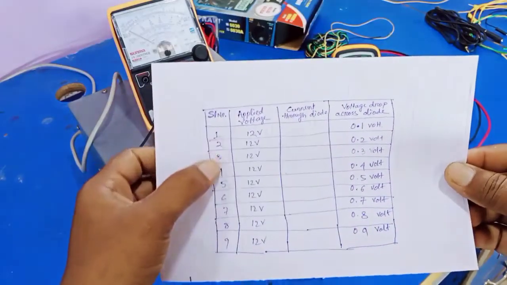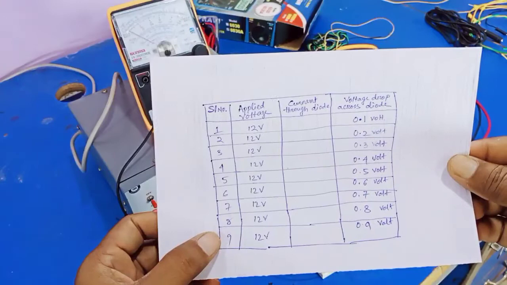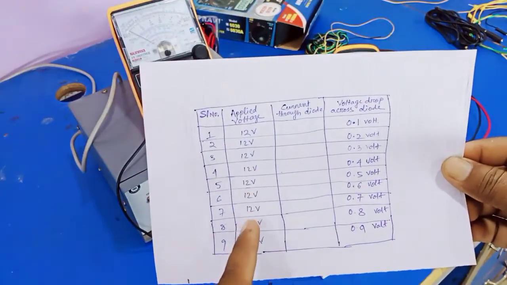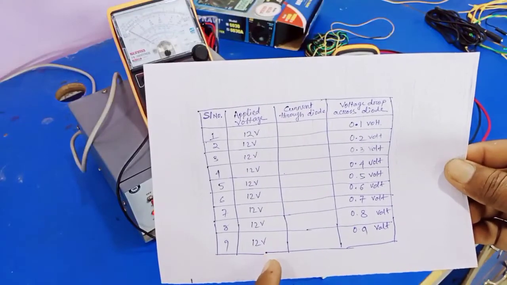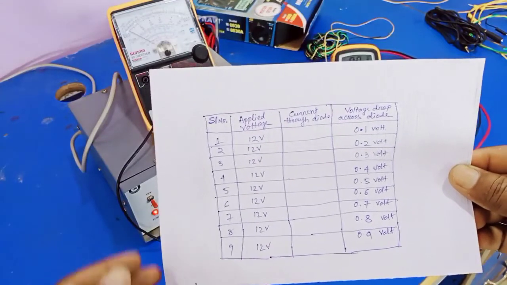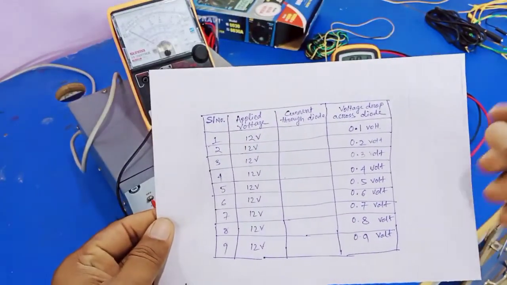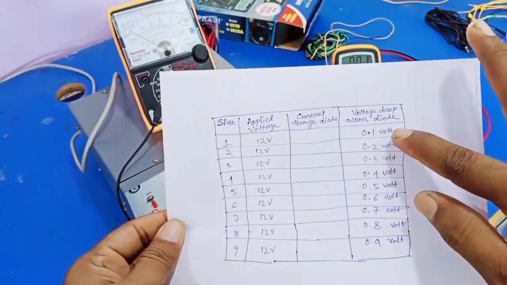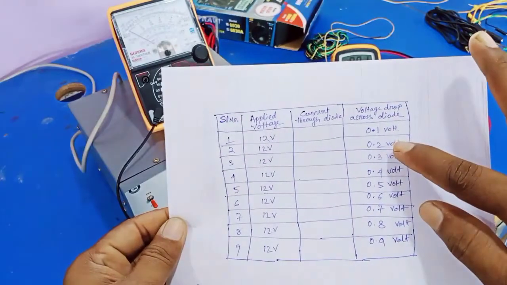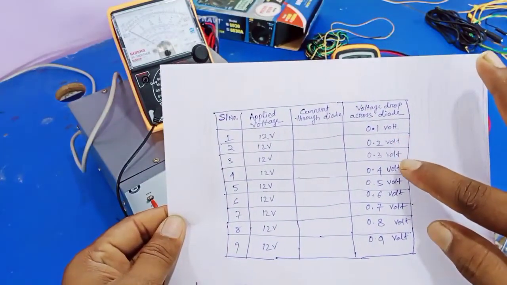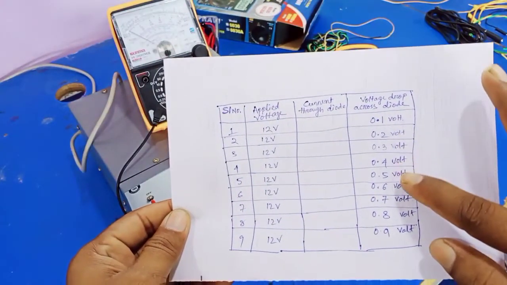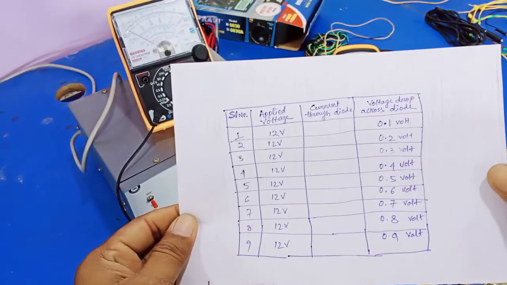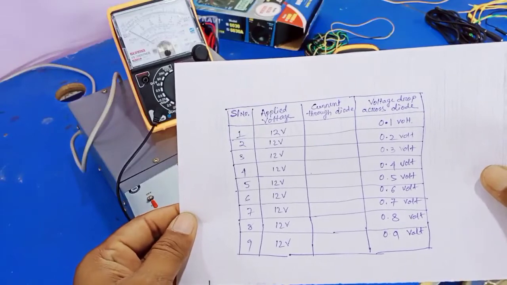This is your serial number. Applied voltage, here I applied 12 volt. This is your forward bias, and the voltage should be set step by step with 0.1 volt difference, that is 0.1, 0.2, 0.3, 0.4 up to 0.9.